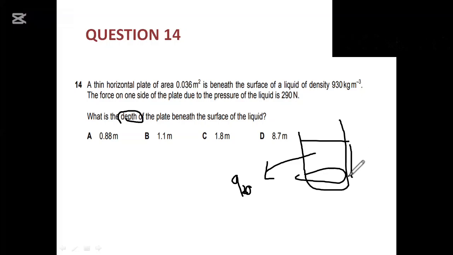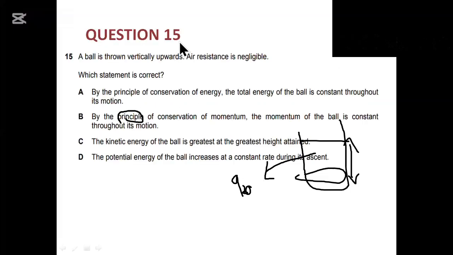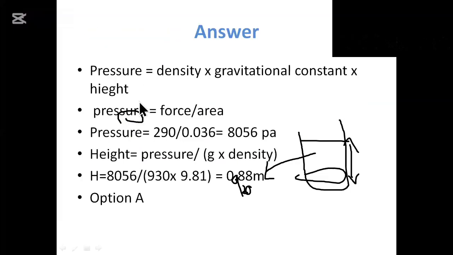Depth means the height. So as you know, the equation relating height, pressure, force. Can you guess the equation? Okay, let me show you the equation which we would use here. Pressure is equal to density times gravitational constant times height, which is basically h rho g.